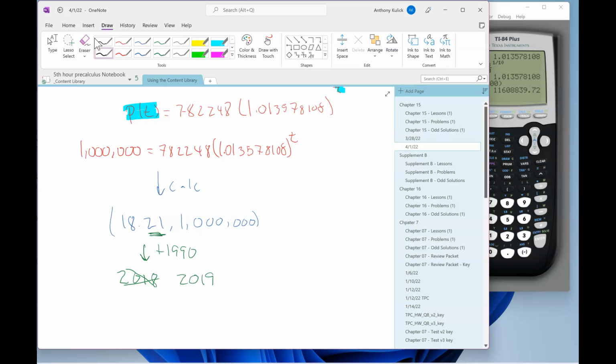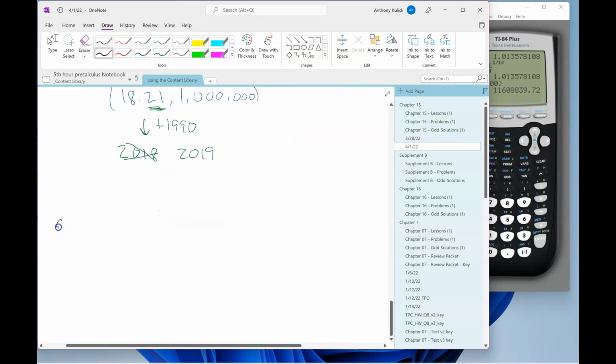So this is going to be called a logistic function. Let's say we have a, b, c, and k. These are all positive, and that b value is less than 1.